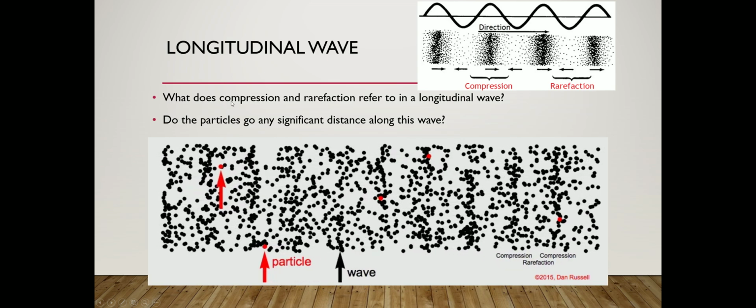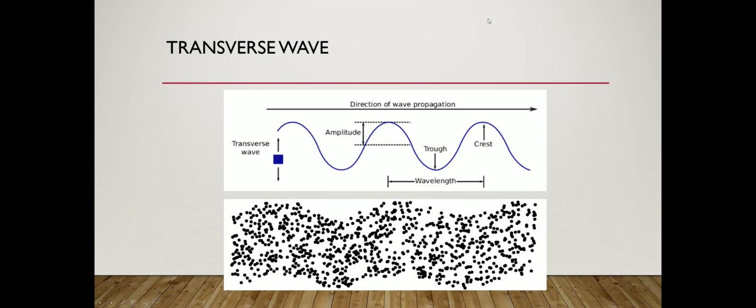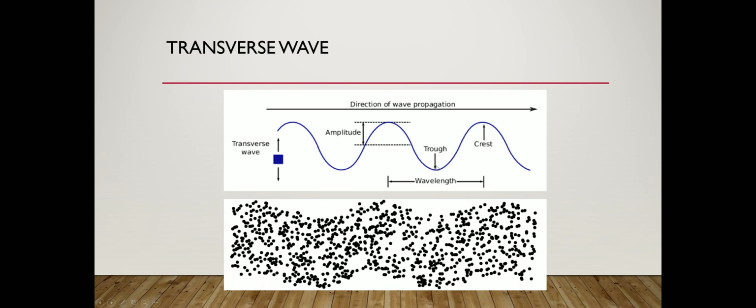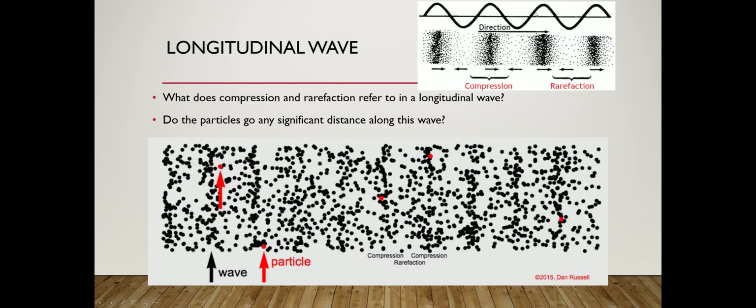Instead of saying crest and trough, for transverse waves, we said the crest is the top part and the trough is the bottommost point. Here we're going to call the top part compression and the bottom part rarefaction. Why do we call it compression and rarefaction?